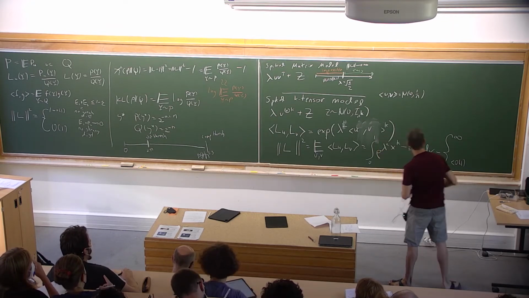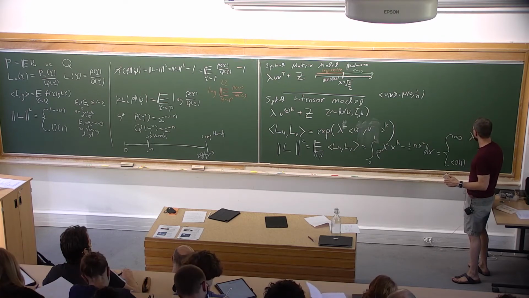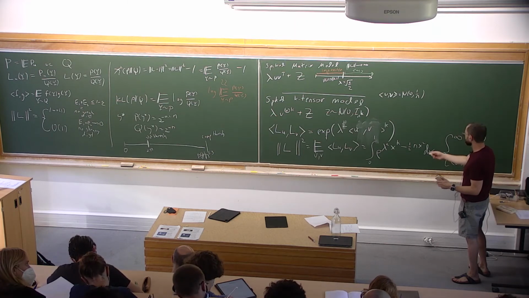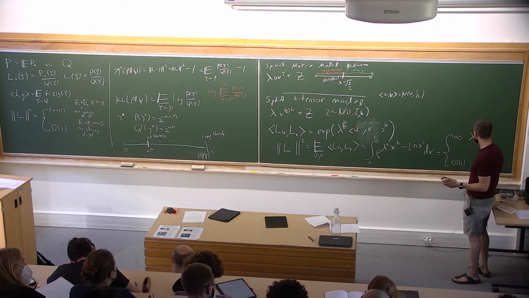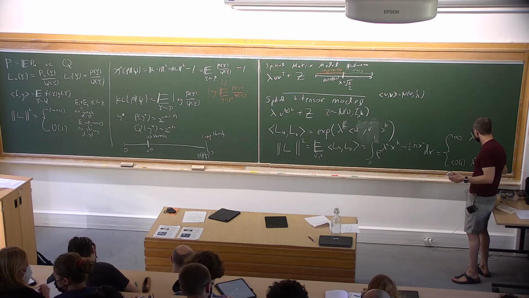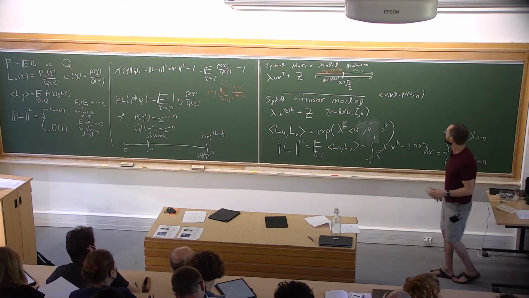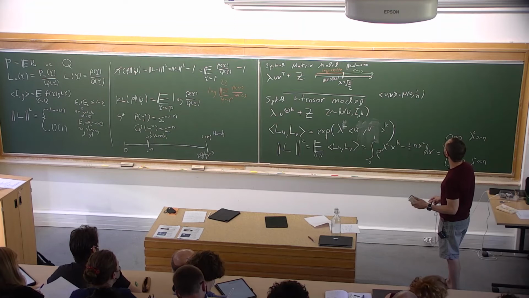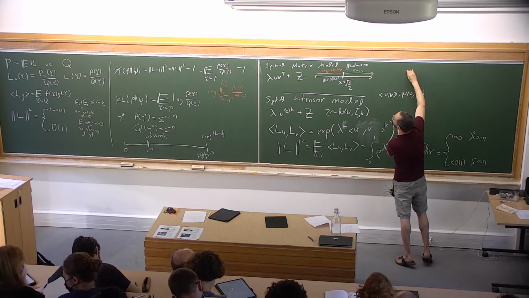We just ask the question: if lambda squared is much larger than n, then this will go to infinity. If lambda squared is smaller than n, this will be bounded, or O of n. Okay, so actually we get the same type of behavior for the spike tensor.